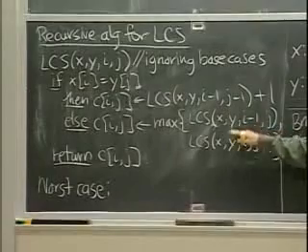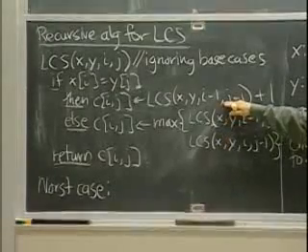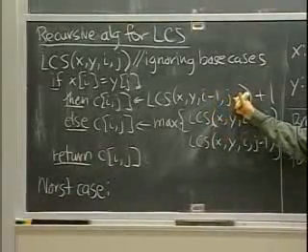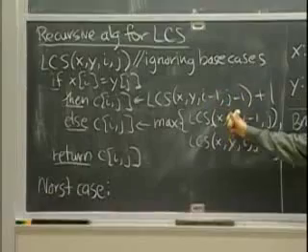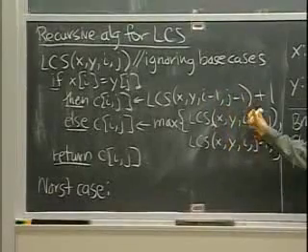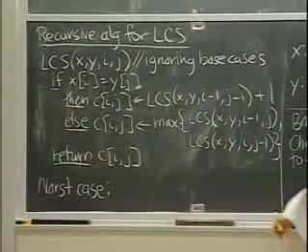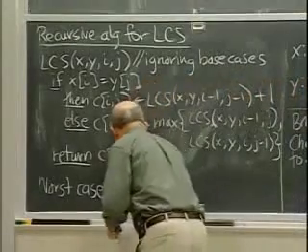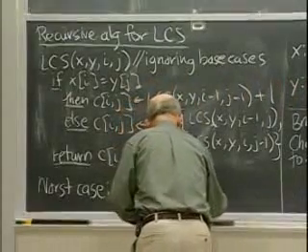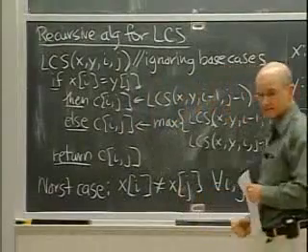You're doing two LCS subcalculations here. Here you're only doing one. Not only that, but you get to decrement both indices, whereas here you only get to decrement one index, and you have to calculate two of them. So that's going to generate the tree. So in the worst case, x of i is not equal to y of j for all i and j.